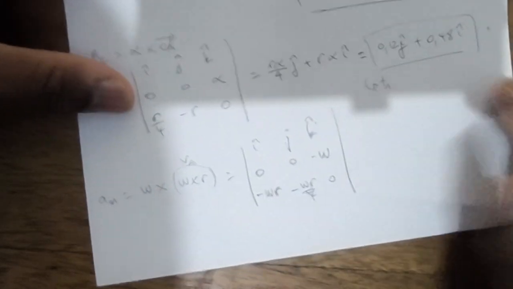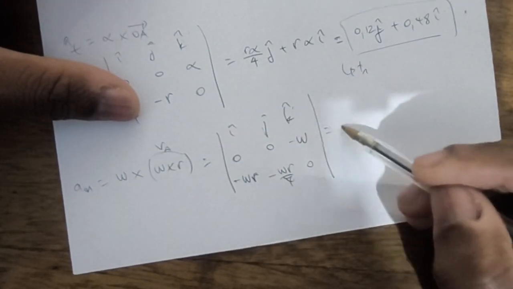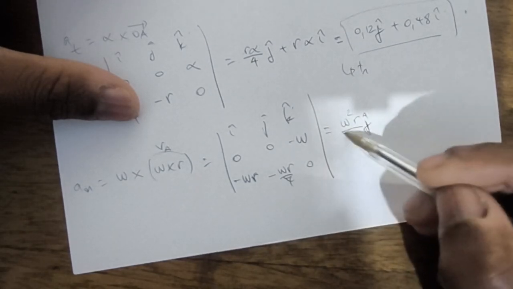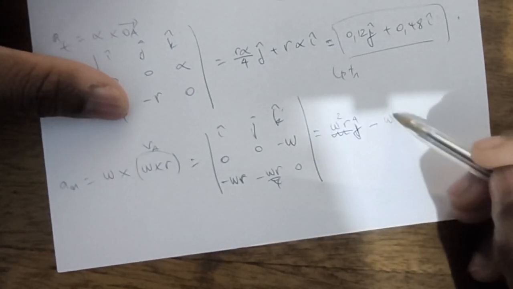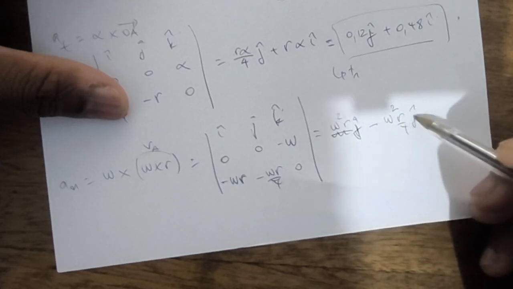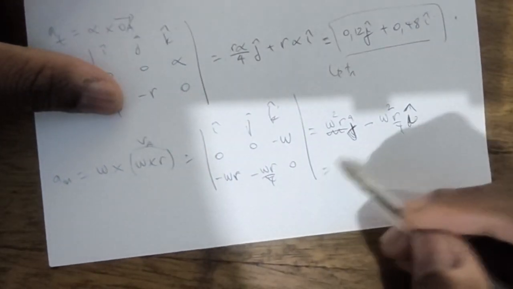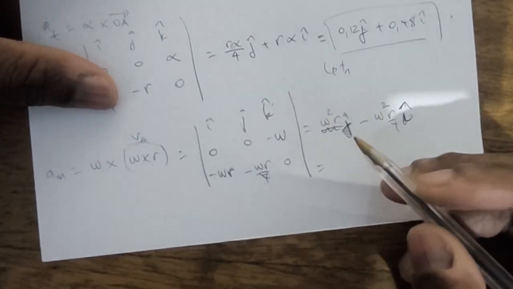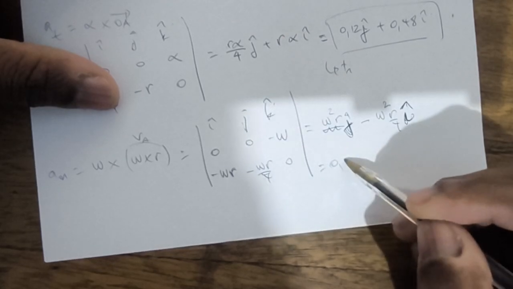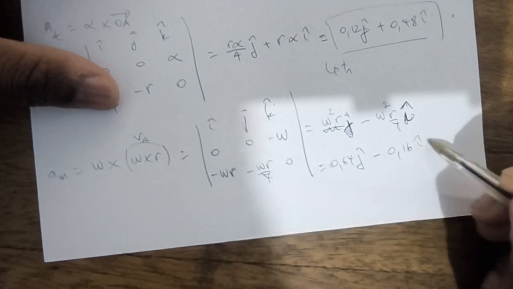After further computation, I will have something like omega square omega r E, J minus omega square omega r quarter E. Here it's E, and here it's J. After substituting all the numerical values, we have here 64J minus 16E.